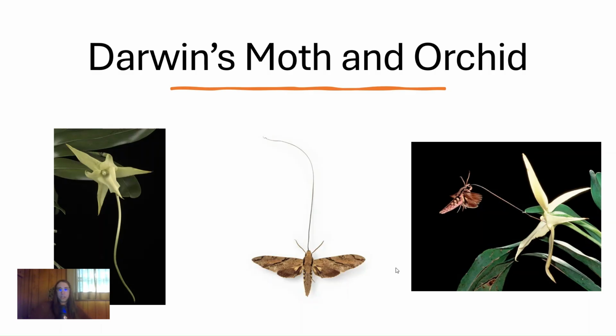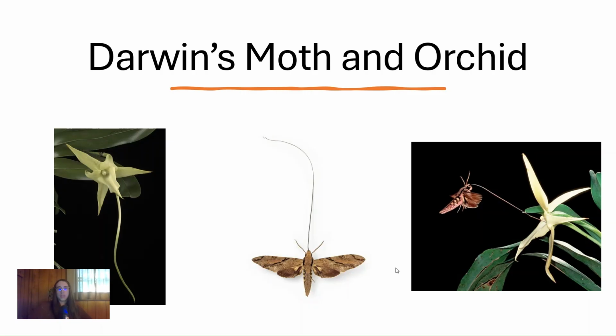Now, as you can see from the picture on the left, the Darwin's orchid has this really long structure going down from it. This is called the spur, and at the bottom of the spur is nectar. And the Darwin's moth is pretty much the only insect that is able to drink that nectar because, as you can see, it has this absurdly long tongue or proboscis.